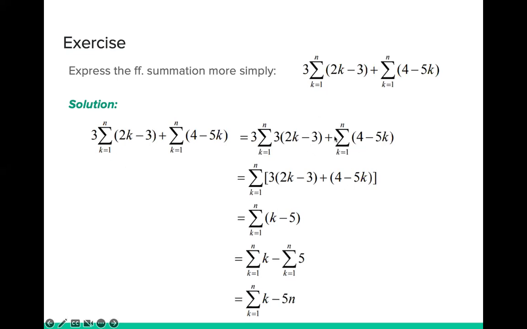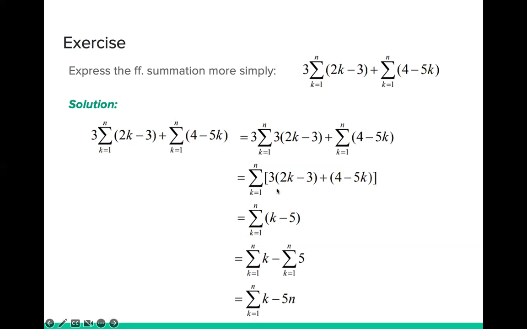So this will be equivalent to the summation of k equals 1 to n of 3 times the first term, 3 times 2k minus 3, plus 4 minus 5k. So if we distribute this summation to these two factors, then this will revert back to the original formula.